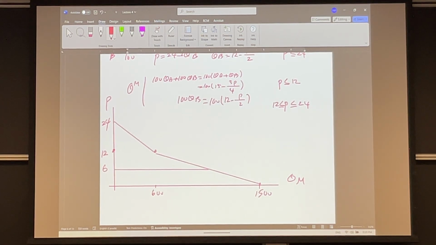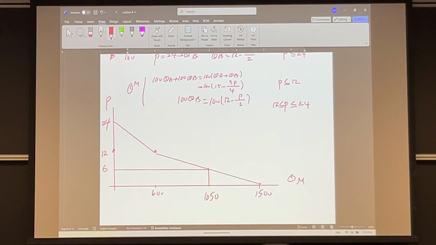What do you get if you put 6 there? 15 minus... equal 5? No. How much? 4.5. The overall answer is 104. No, how much is this one? 105. 105? So 1050. Yes.